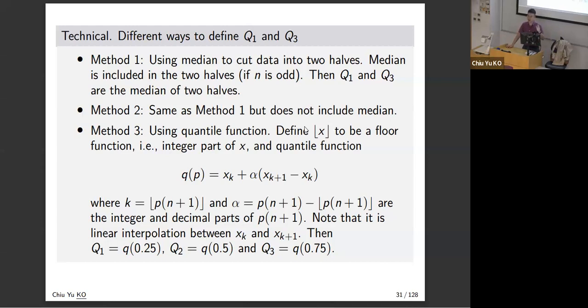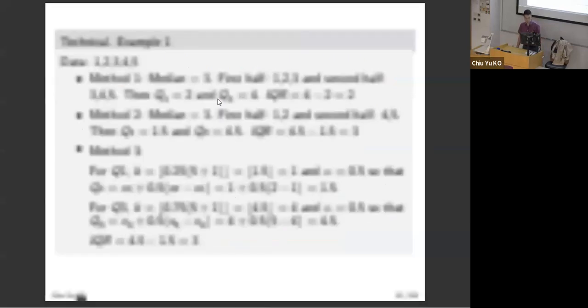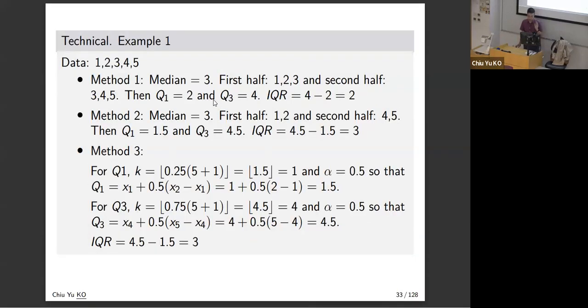Maybe you can tell me during the break what you learned in high school. Okay, so Q1 and Q2 are almost the same, except that method 1 keeps the median in the halves. Method 2 does not. Let me go to an example again, because I think an example is always the best way to understand what the method is.